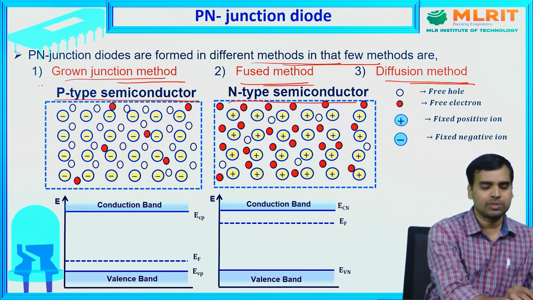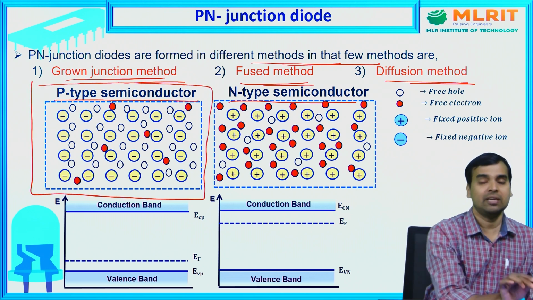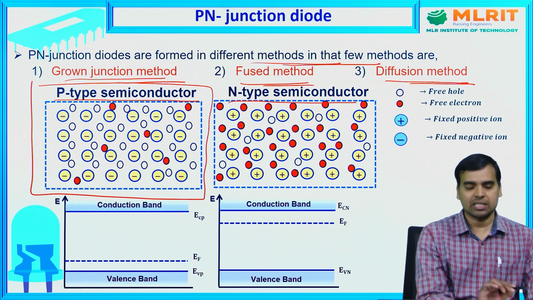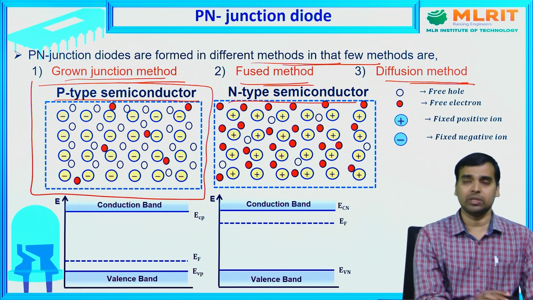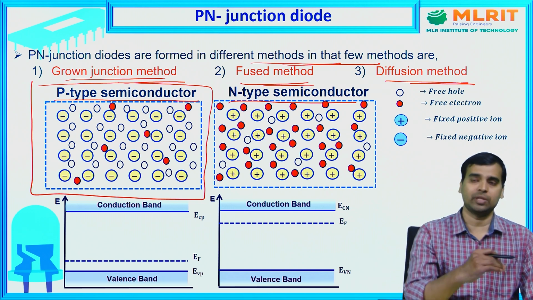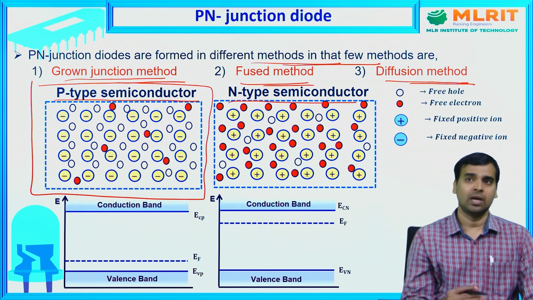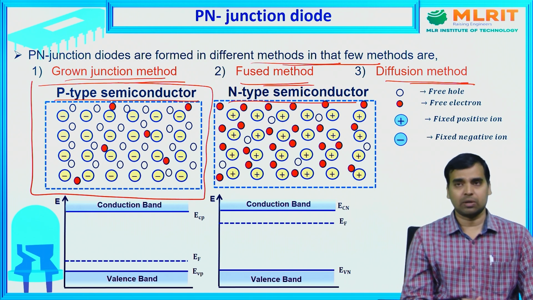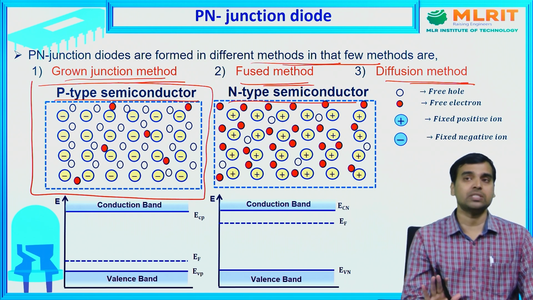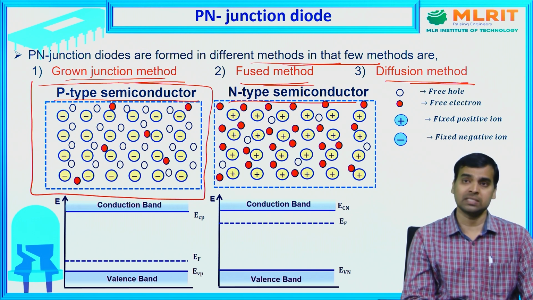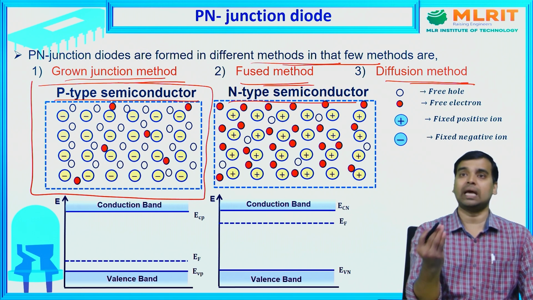When it comes to the p-type semiconductor, here you can see the left side image. In this p-type semiconductor, of course, you all know that when we add trivalent impurities to the pure semiconductor, the p-type semiconductor develops. Those trivalent impurities are also called acceptor impurities. Acceptor impurities means those impurities are going to accept electrons.